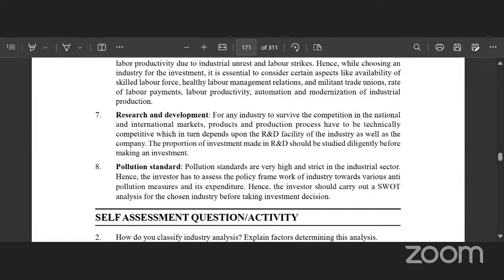Now the pollution standard has become much more crucial because at the recent United Nations meeting, sustainable development goals have been developed, and when you are supposed to meet the sustainable development goals, you need to work more on controlling pollution and other activities.